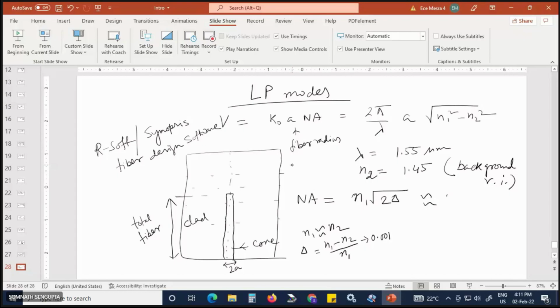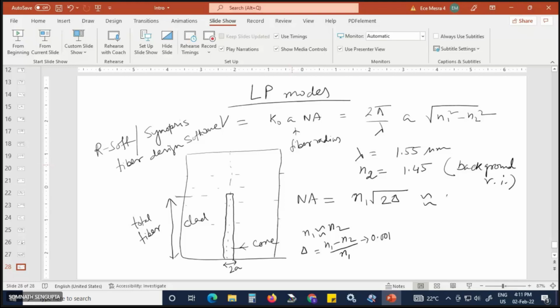So in that case, it acts as single mode, LP modes. Generally, LP modes propagate in these conditions when n1 is approximately equal to n2, and this is called weakly guiding approximation. Generally, n1 n2 से ज़्यादा होता है.